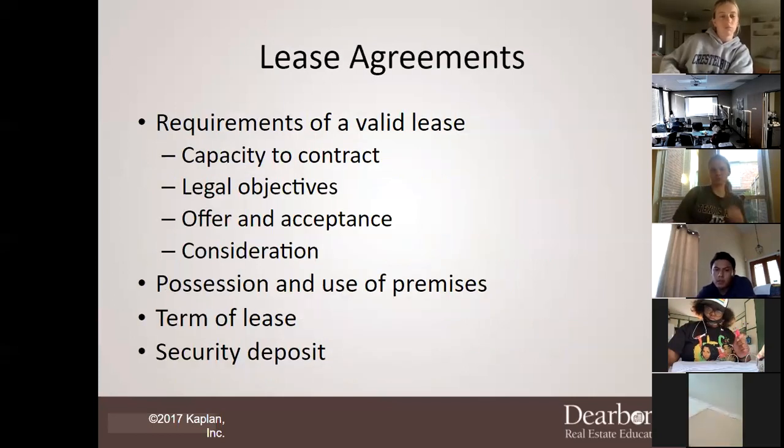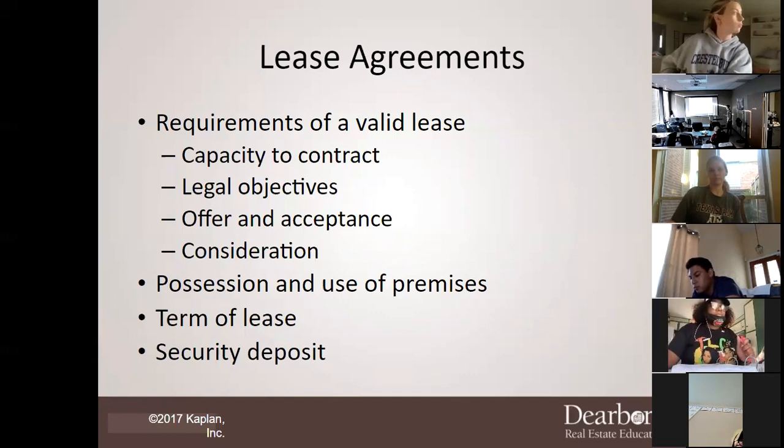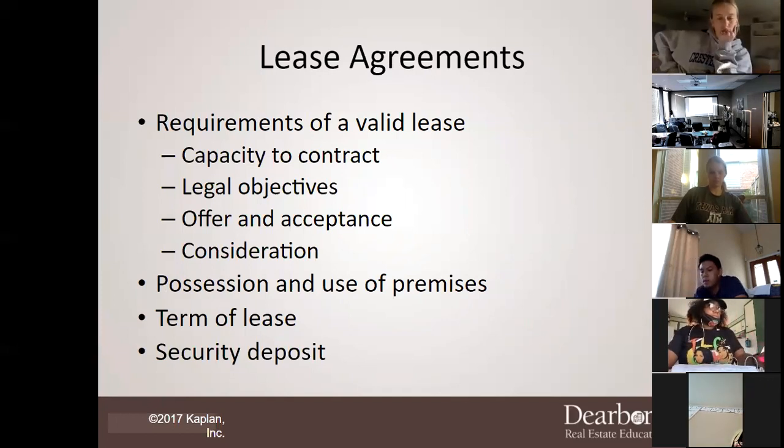Lease agreements. These are the requirements you need to have a valid lease. Capacity of contract: they need to have the capacity and know-how to know what they're doing. Legal objective: like I said, if I'm going to buy the property to grow marijuana, it's not a legal objective.